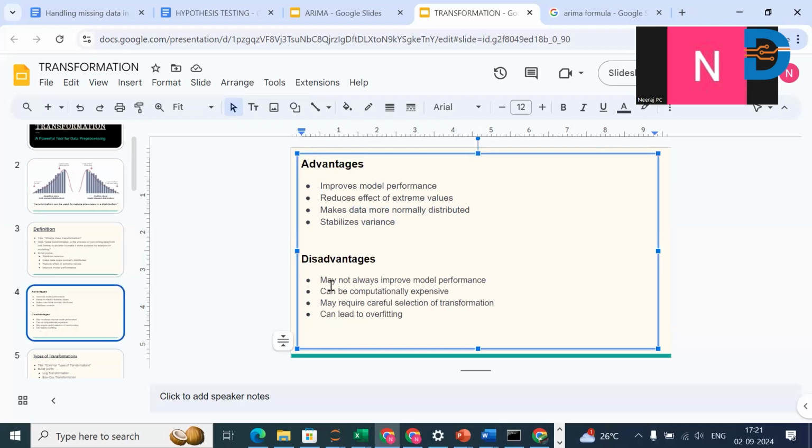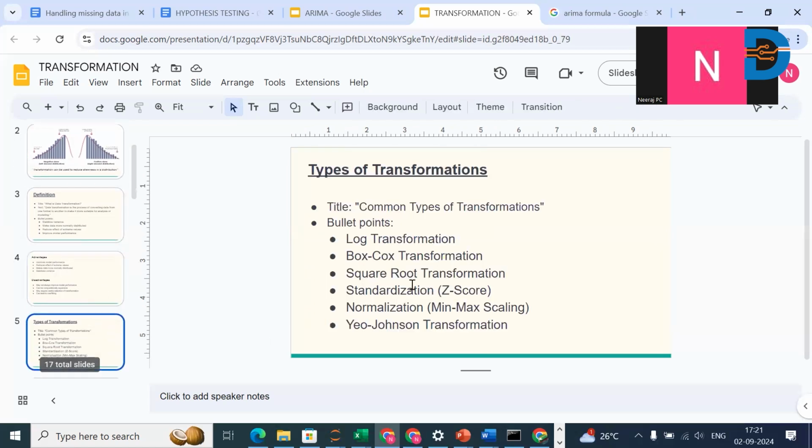Disadvantages being that it may not always improve model performance and can be computationally expensive, may require careful selection of transformation since we have many methods of transformation, and in rarer cases can lead to overfitting. These are the common types of transformation: log transformation, Box-Cox transformation, square root transformation, standardization, normalization.